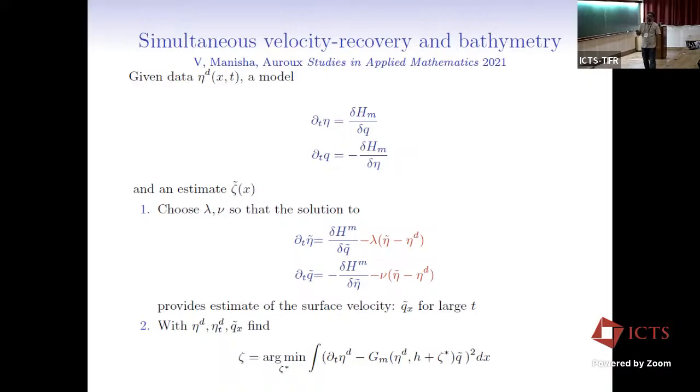And the hope is, starting from zeta tilde, at the end of step 2, the zeta that you get is somehow more accurate. And the point is, you actually have to choose these parameters carefully. Okay? So it's a two-step process. First, find the velocity with a guess of the bottom boundary. Then, with the estimated velocity at the surface, update your knowledge of the bottom boundary.